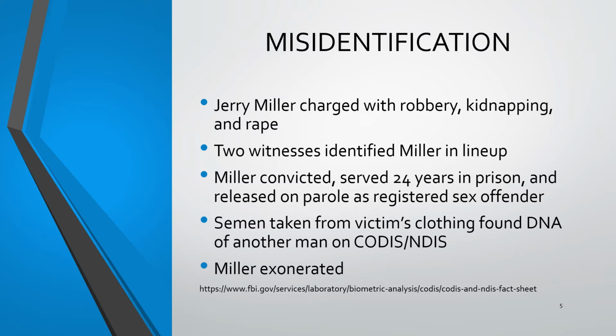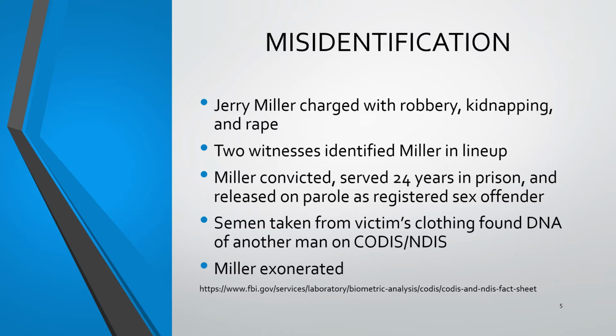There is an infamous story of 22-year-old Jerry Miller, who is charged with robbing, kidnapping, and raping a woman. Two witnesses identified Miller in a police lineup as the perpetrator, although the victim herself was a little bit more hesitant at the trial. Nevertheless, Miller was convicted, served 24 years in prison, and was released on parole as a registered sex offender.